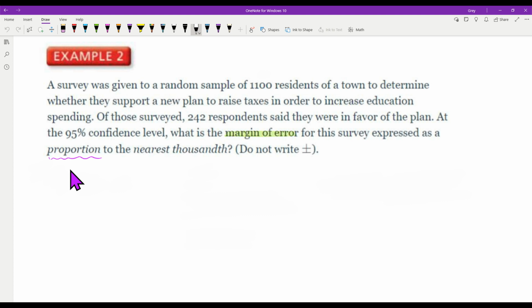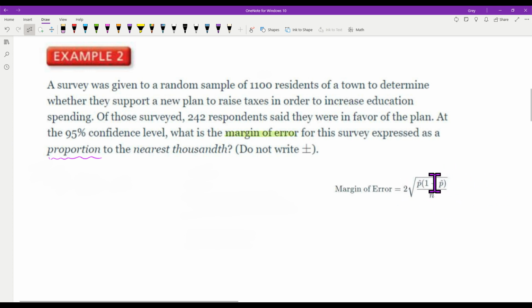Because that means we're going to use a margin of error for proportions, and it looks like this. You will need to know this, so you should write it down every time you do it. The 2 is coming from the fact we are doing simple basic statistics, not AP statistics. So this 2 is coming from the fact that a 95% confidence level is 2 standard deviations away from the mean.